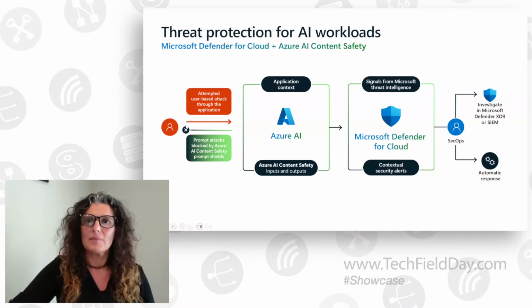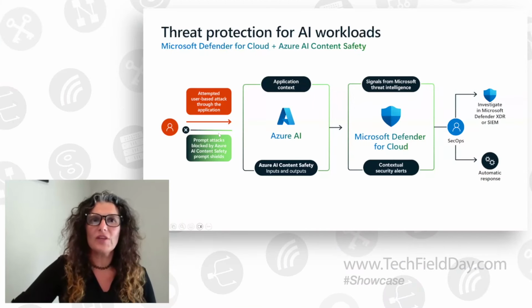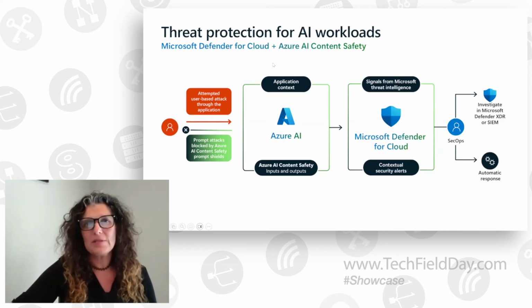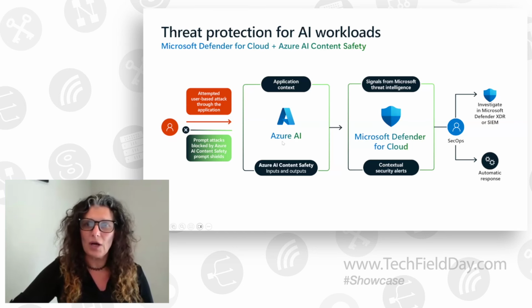So going into how you protect the workloads. We talked about you have the user here, which sends the prompts into the AI. Azure AI, let's say if a user is doing a jailbreak attempt, Azure AI Content Safety will detect that as a jailbreak and will block that.